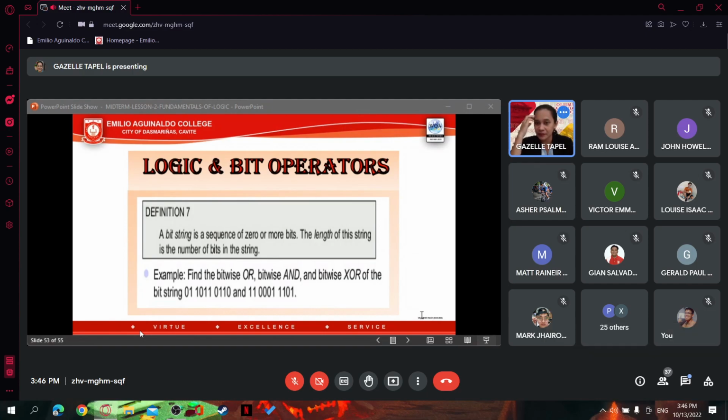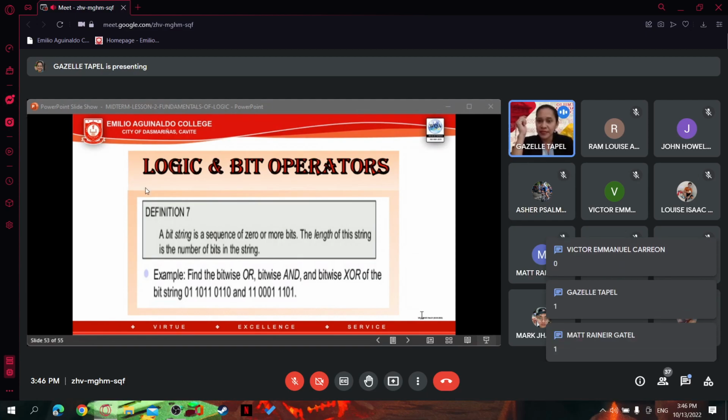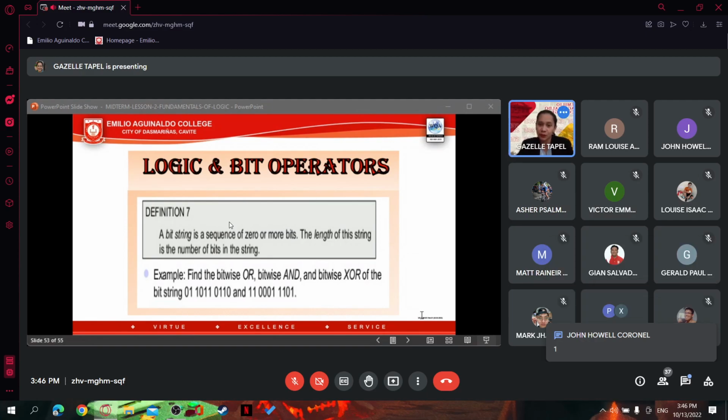What is the answer? 0 is wrong. The answer is 1. Diba kapag disjunction, by definition, at least one of the statement is true, then the disjunction of P or Q is also true. Magiging false lang siya kung pareho silang false. Yun sa disjunction.